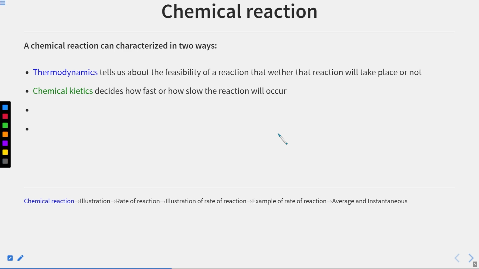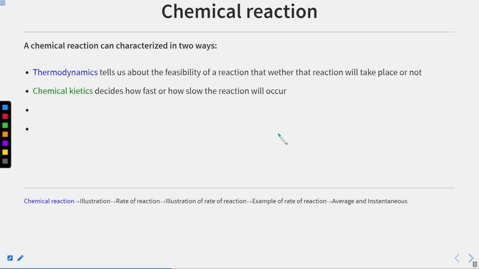So these two branches of chemistry deal with the feasibility of reaction plus the speed of reaction. Feasibility means whether the reaction will take place spontaneously or not. Spontaneously means we have to just initiate, or in some cases we do not have to initiate also. Once they are started, they are carried forward by themselves. We do not need any external factor constantly to drive the reaction.